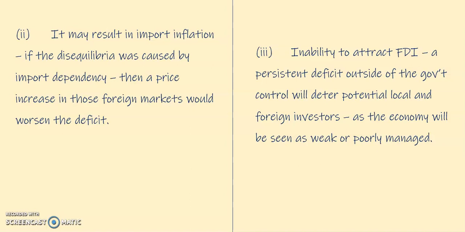One of the reasons is that if this deficit persists, people are going to perceive that your economy is weak or poorly managed, and therefore they're not going to take the risk to lose their money because you can't manage this economy. All right, so those are our three reasons.